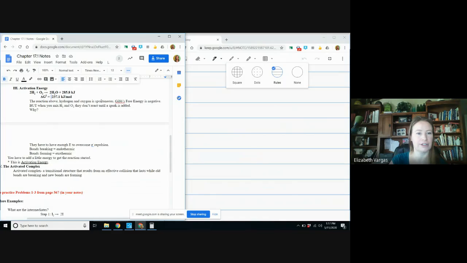Reaction above, hydrogen, oxygen. Gibbs free energy is negative. So it's saying that this should happen spontaneously, all on its own. And when it does, it's going to give off this much energy. But if you put hydrogen and oxygen together in a balloon, nothing happens. Okay, you guys remember the Hindenburg, the big blimp?